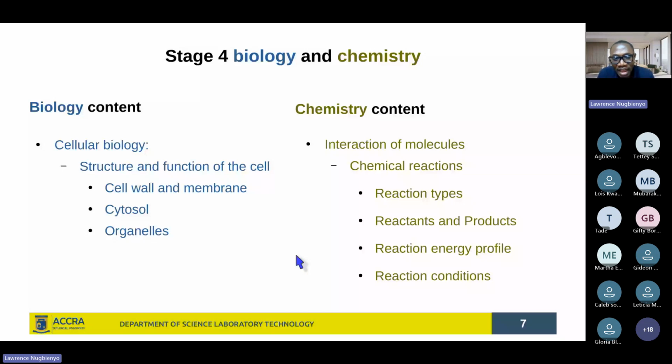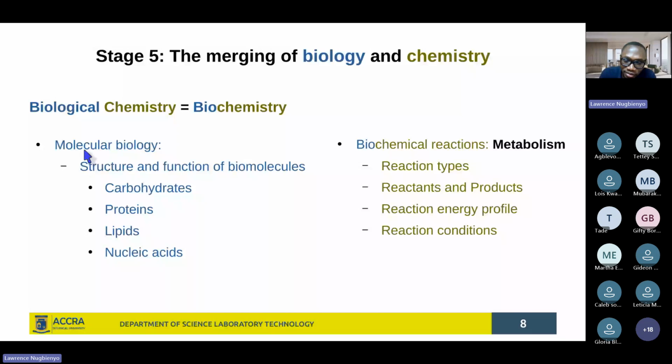Now you move to the last stage where you see the merging between biology and chemistry. So in biology, you are now moving from that cellular level to the molecular level. For instance, if you take the cell membrane, you now want to look at the molecules that make up the cell membrane.